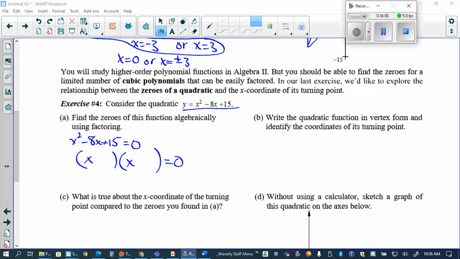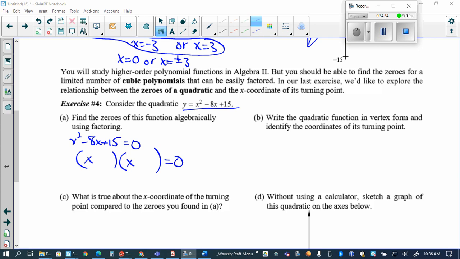What multiplies to +15 and adds to -8? Hannah, what numbers multiply to 15 and also add to 8? Forget the signs right now.